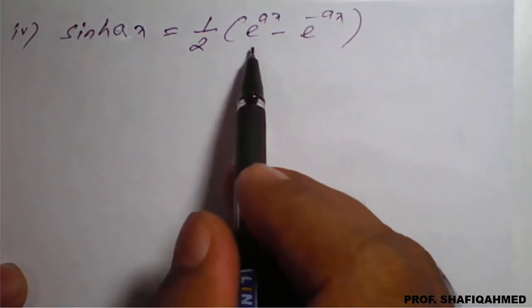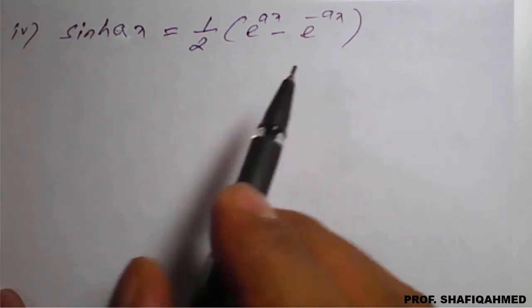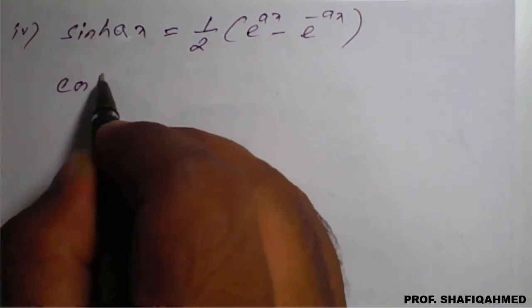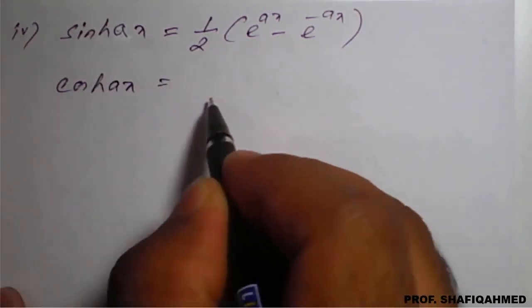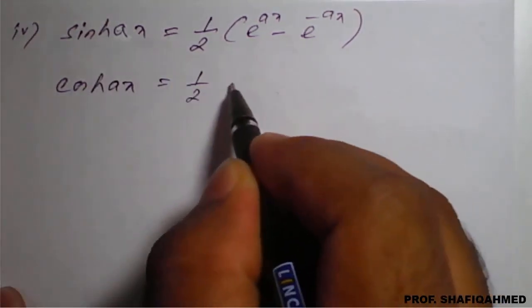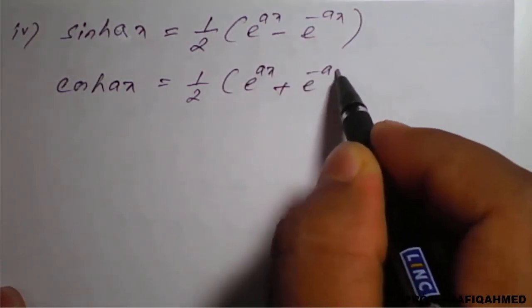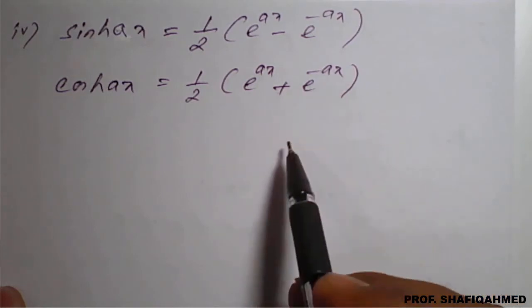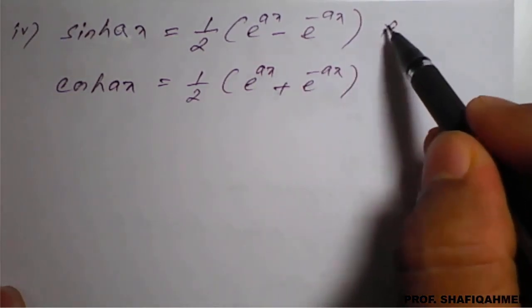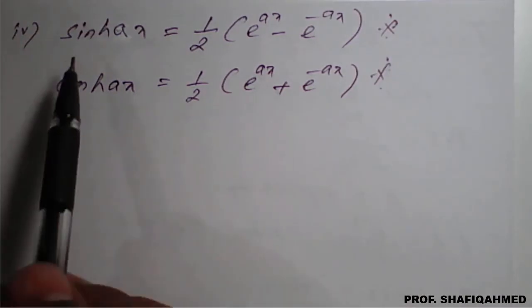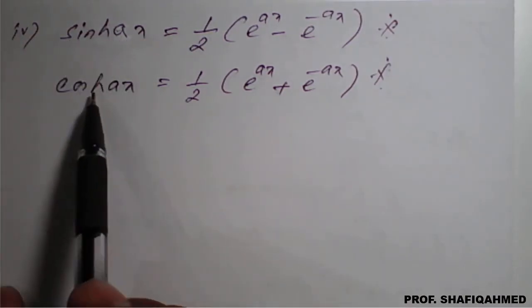It converts to exponent form. Another one is cos hyperbolic of ax, which is 1 by 2 times e raised to ax plus e raised to minus ax. These are two very important results to remember when phi of x is sine hyperbolic or cos hyperbolic.